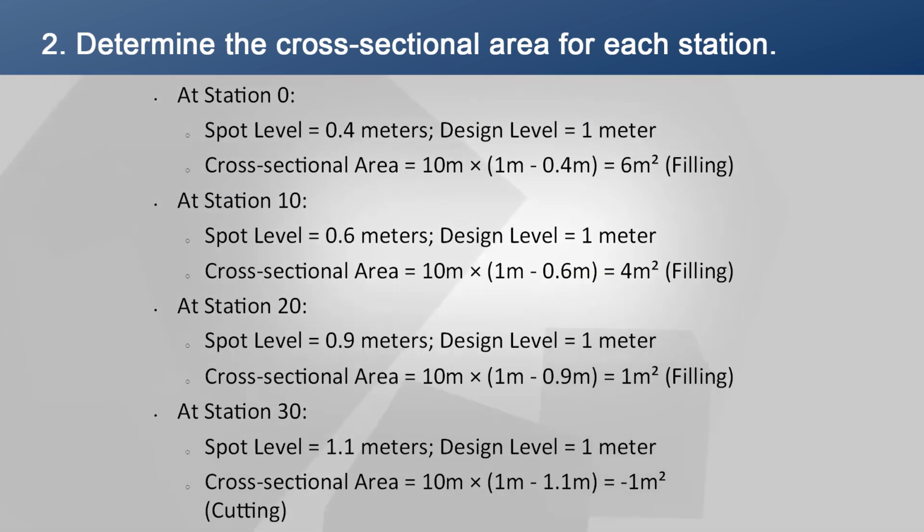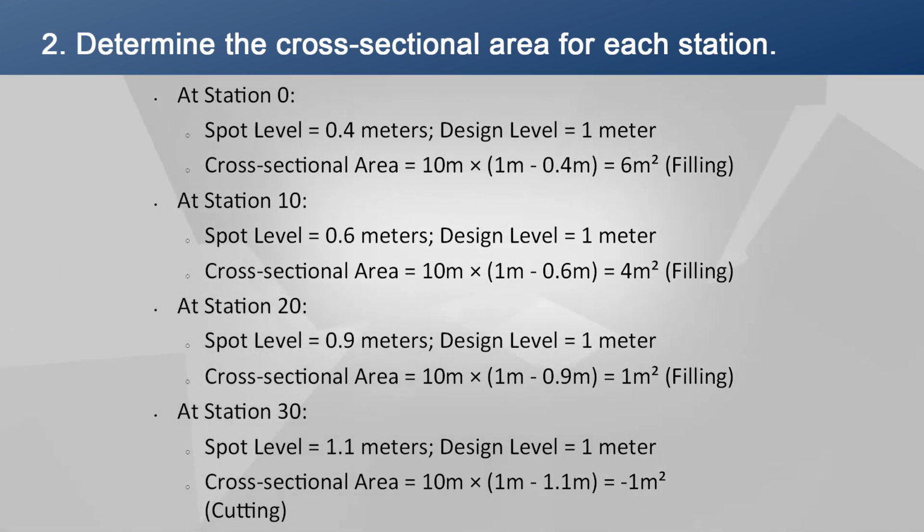If we go for station 0, spot level given is 0.4 meter. We know design level of the road is 1 meter. Area is equal to width of the road into average spot level minus design level.